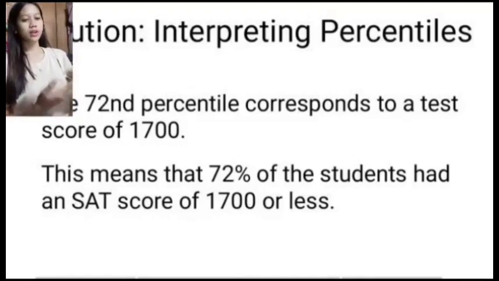So the graph given to us shows the percentage of students by SAT score, a cumulative distribution for test scores. Find the score at the 72nd percentile and how should you interpret this. So here I look at it.